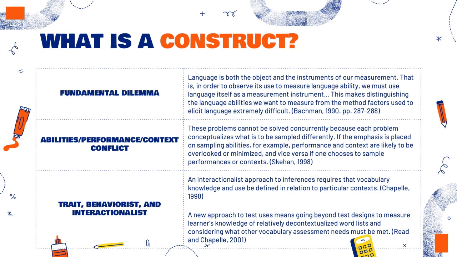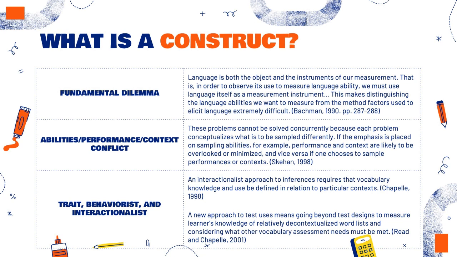If the emphasis is placed on sampling abilities, for example, performance and context are likely to be overlooked or minimized, and vice versa if one chooses to sample performances or context. Language testers have historically attempted to resolve this dilemma or conflict by focusing almost entirely on either ability process or context task when defining the construct to be assessed.